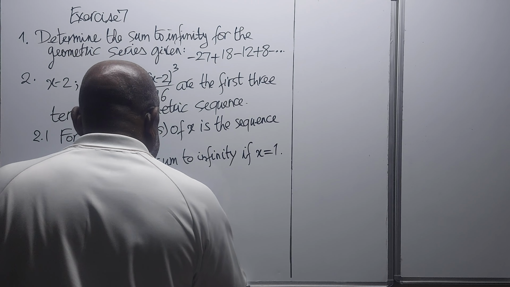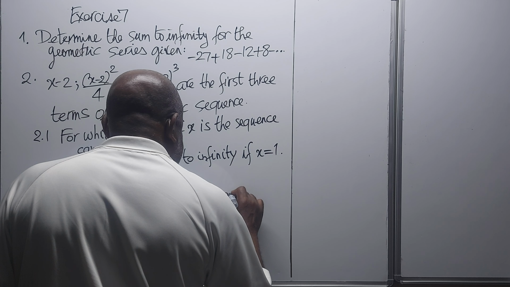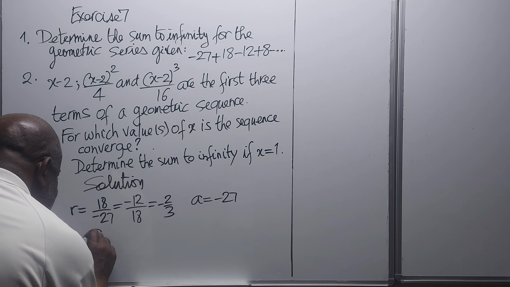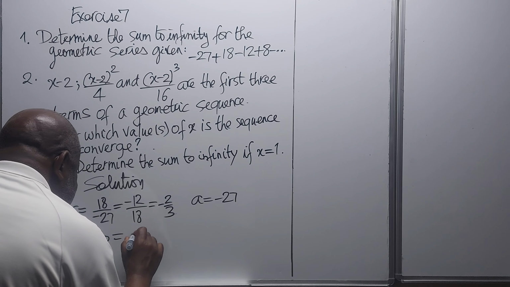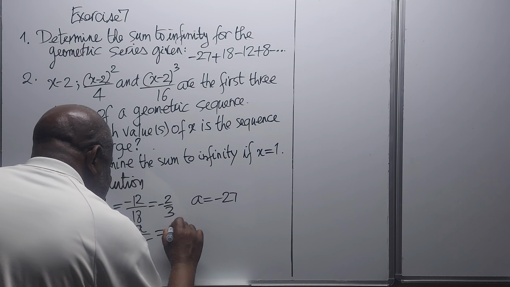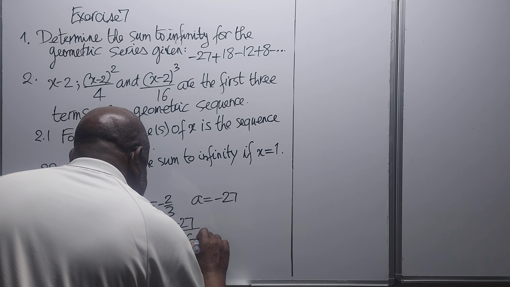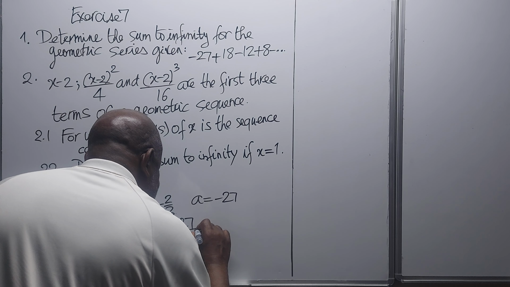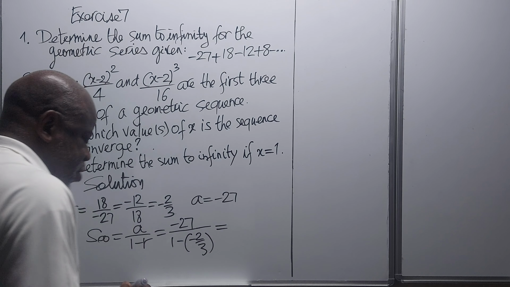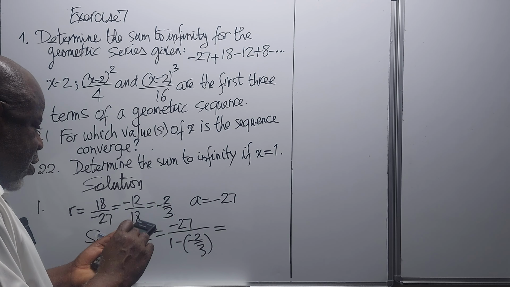So our first term, A, is equal to negative 27. So the sum to infinity will be equal to A over 1 minus R, negative 27 over 1 minus negative 2 over 3. This is being the common ratio. So using our calculator, what are we going to get here?